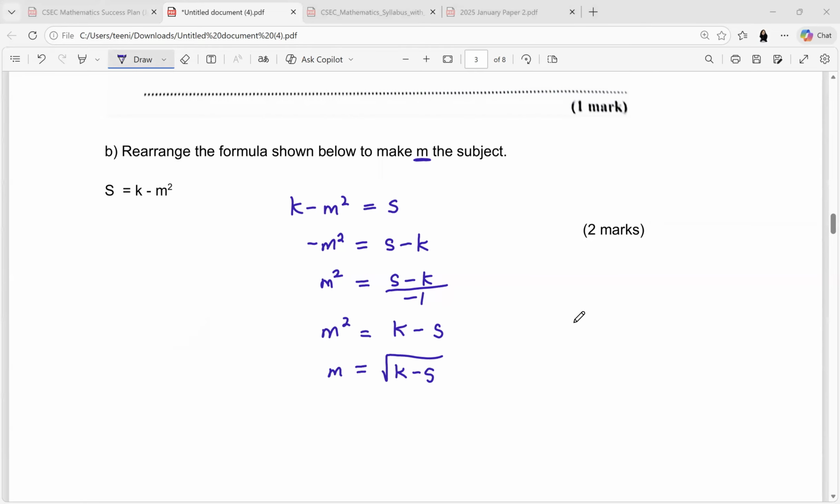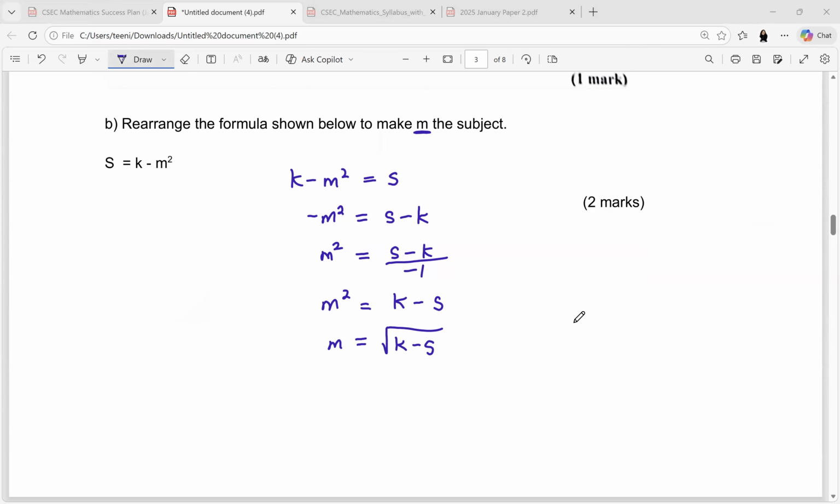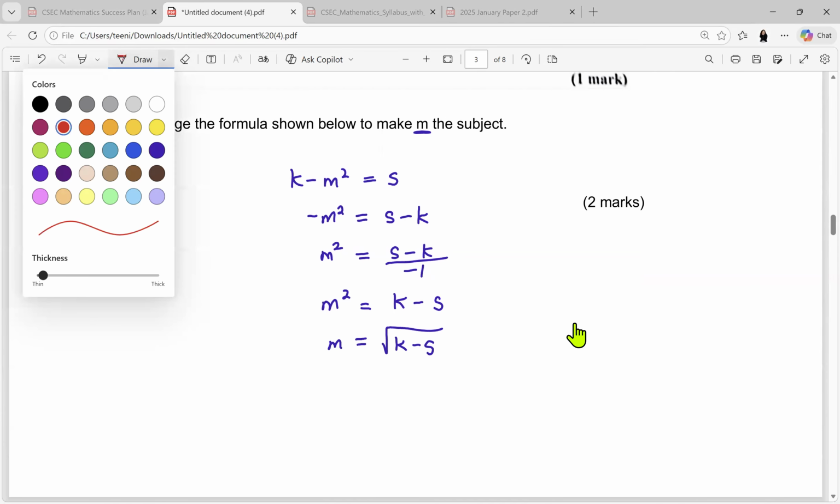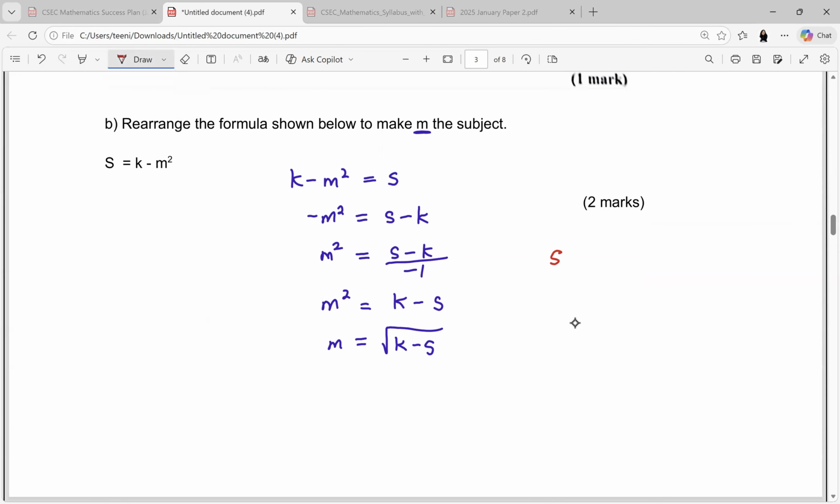You could have done it a different way as well. Let me do this too. If I just kept it as is with S is equal to K minus M squared, here's what I could have done. I could have moved the minus M squared to the left-hand side, so it would have become plus M squared. So it'll be S plus M squared is equal to K. Then I could keep M squared here, and it's positive, so I'm looking in the right direction here, and I'm going to move S to the other side.